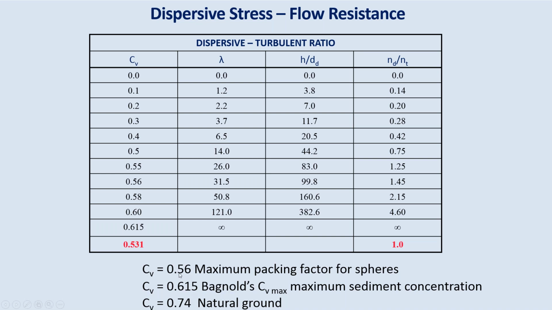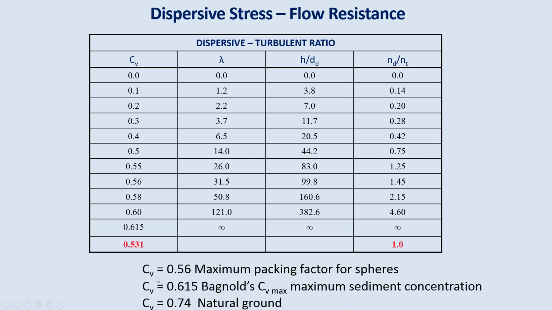And if you have uniform spheres, the concentration by volume is 56%. So you can get a little bit higher than that, get up to around 60% concentration by volume, in which case the dispersive effect on the flow momentum is going to be like 4 times to 5 times that of the turbulent resistance to flow.